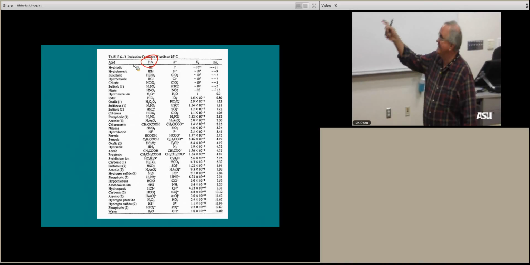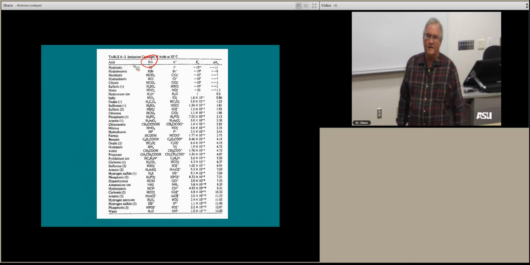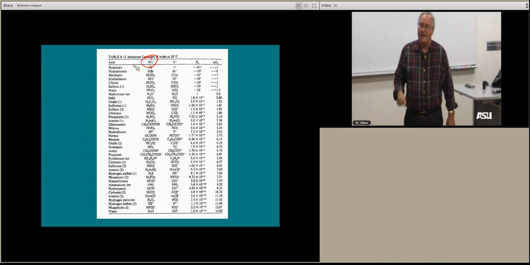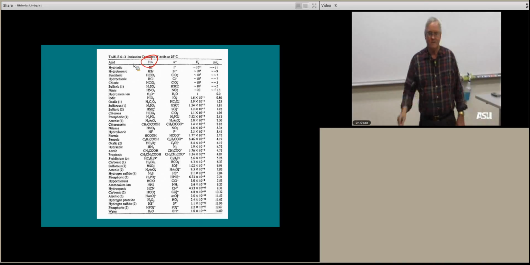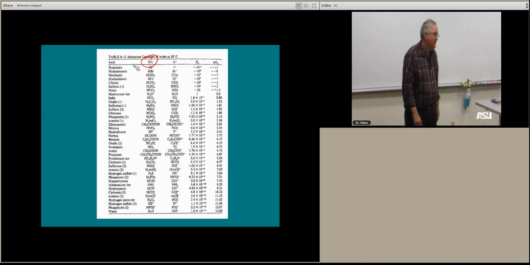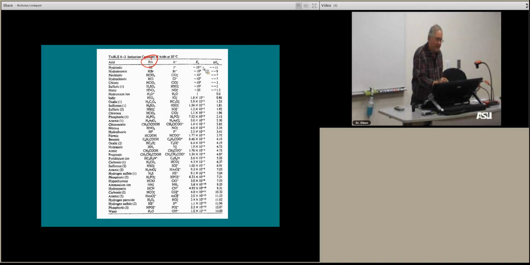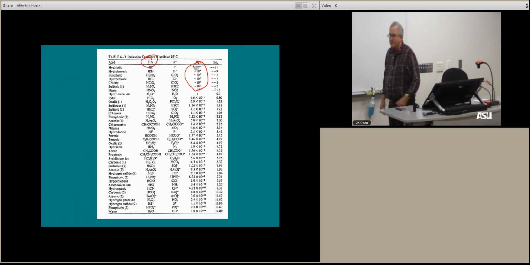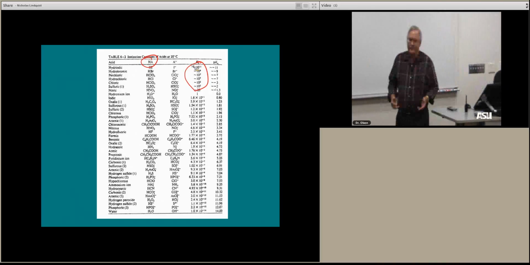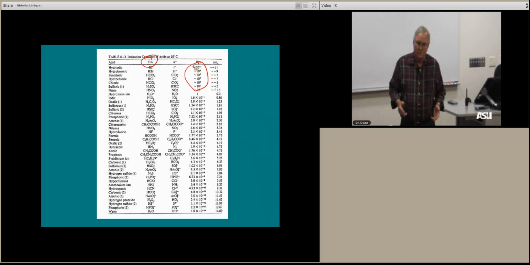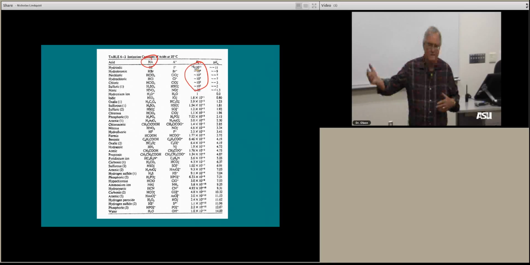Now on the next column there, you see a table of Kas, and Ka stands for acid dissociation constant. Okay? So you see that for these up here at the top, the Kas are very large: 10 to the 11th, 10 to the 9th, 10 to the 7th. Those are such big numbers that for all practical purposes, we can say that the acid is completely dissociated.